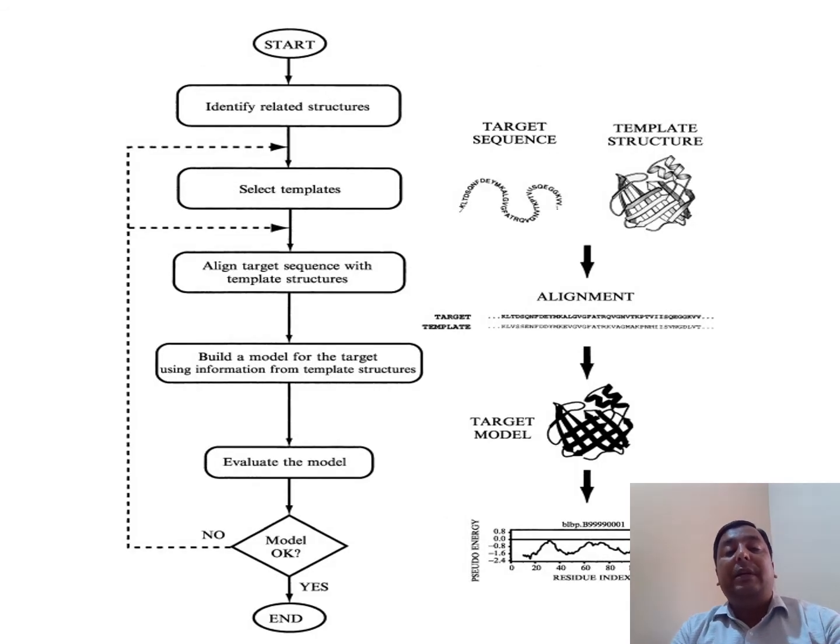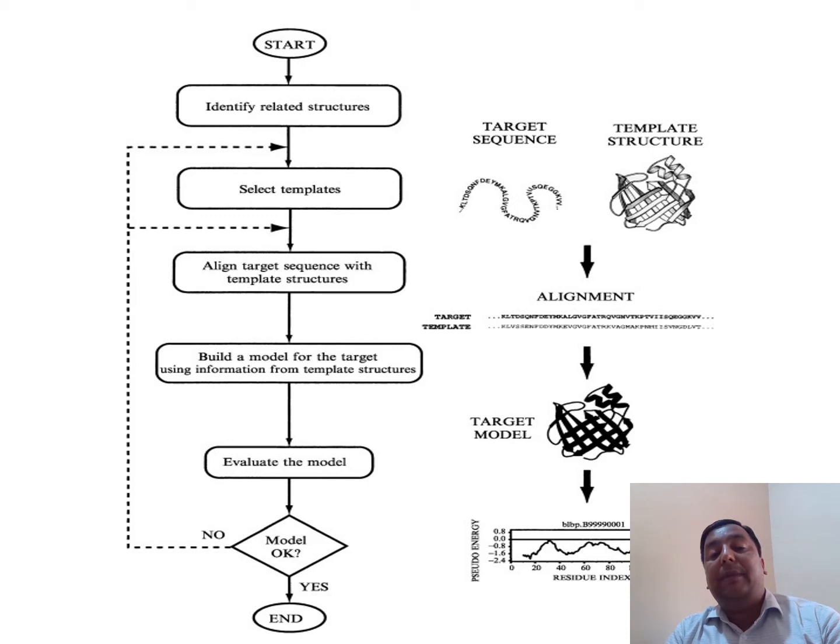Now if you see here, we'll start from here: identify the related structures, select the templates, align using target sequence and template sequence, build the models, evaluate the models. Then we have to check the models. If it's okay, then we generate the structures. If not, then again we have to come back to the first step.